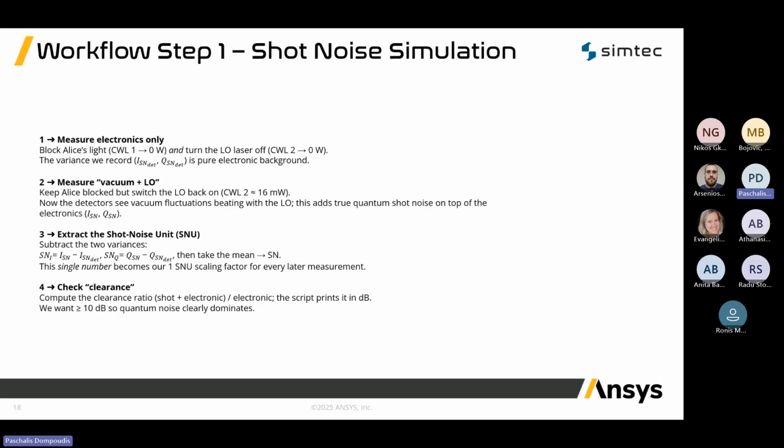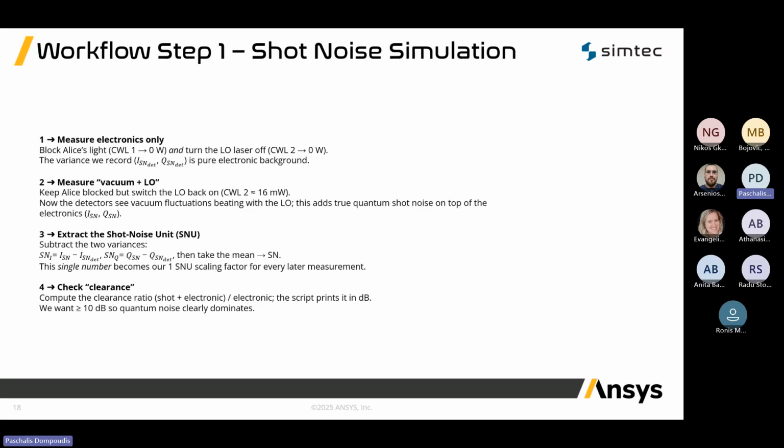Step 3, we subtract the electronics variance from the local oscillator on variance, and that difference is one shot noise unit. Then we repeat this loop 8 times with different random seeds, and we take the average just to be sure that the value is stable.